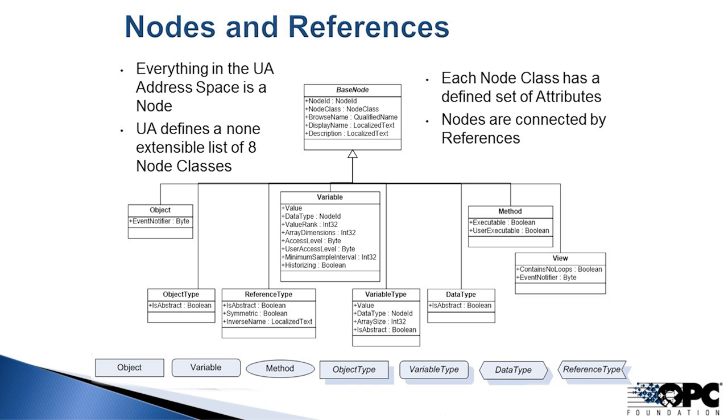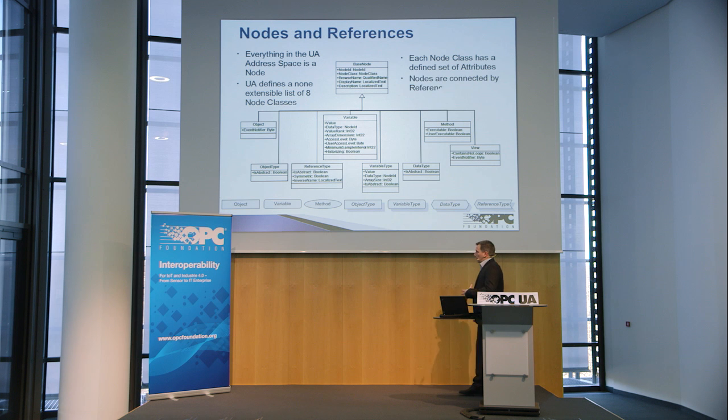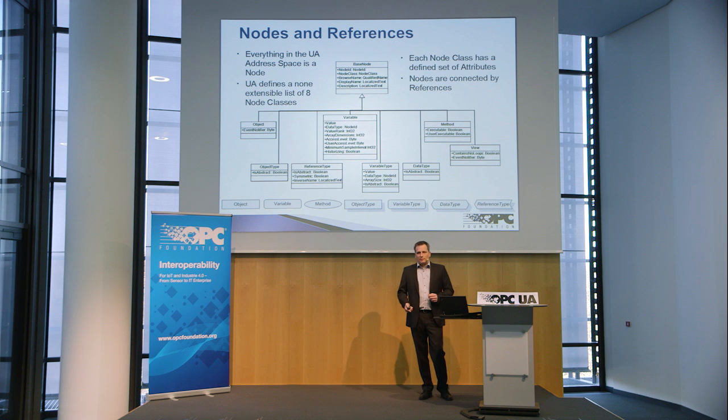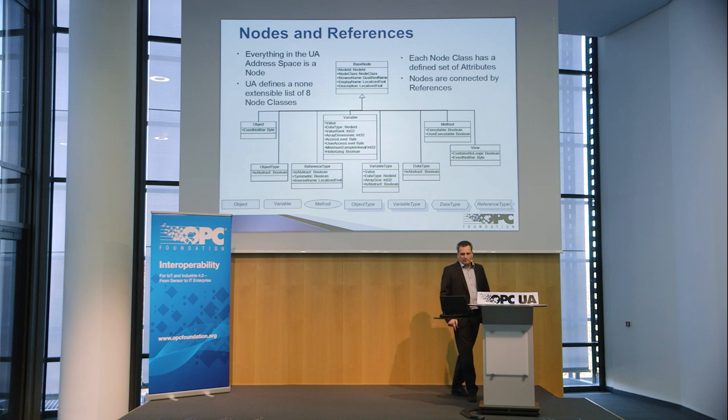And in addition to the nodes and the base nodes and all the attributes, you can extend this system over time. And if you have special requirements, you can add that by deriving from the base node.